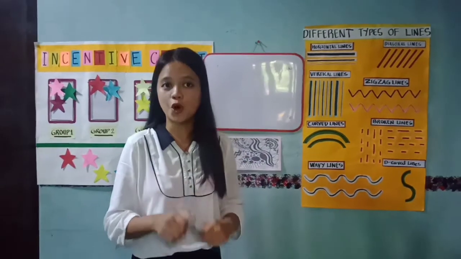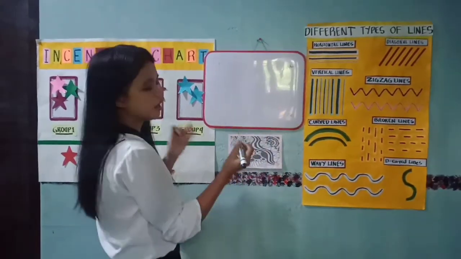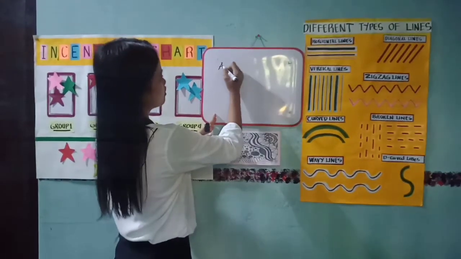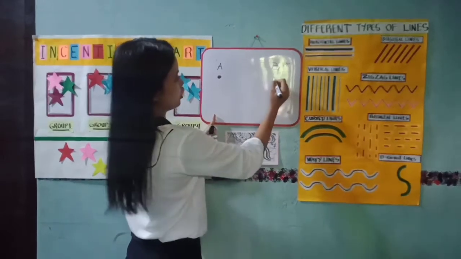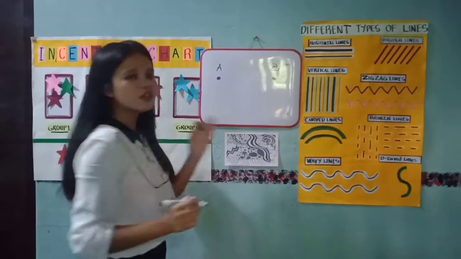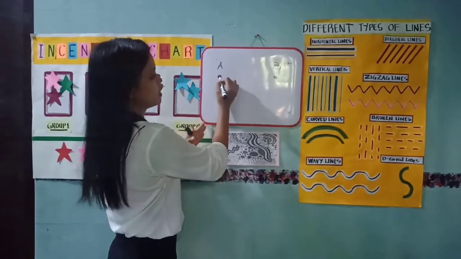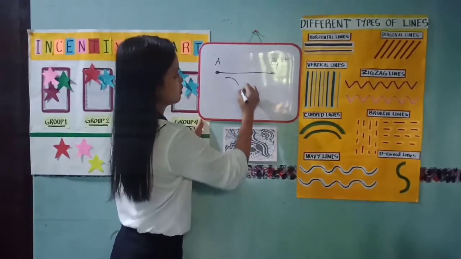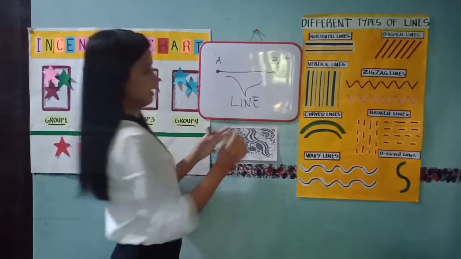Actually, line is formed when we connect 2 points. I will show you. Let me say this is point A and this is point B. If we connect these 2 points, we will create a line.